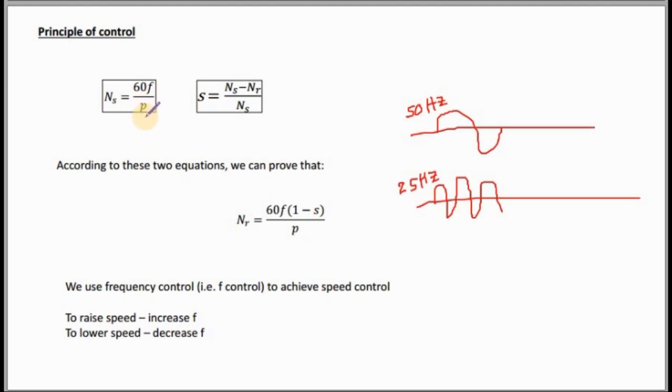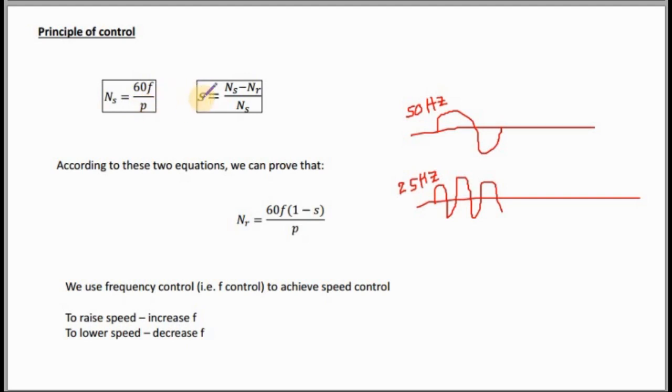So if it's a 4-pole motor, pole pairs means 2. You have to apply 2 here for a 4-pole motor. If it's a 6-pole motor, pole pairs means you have to apply 3 here.